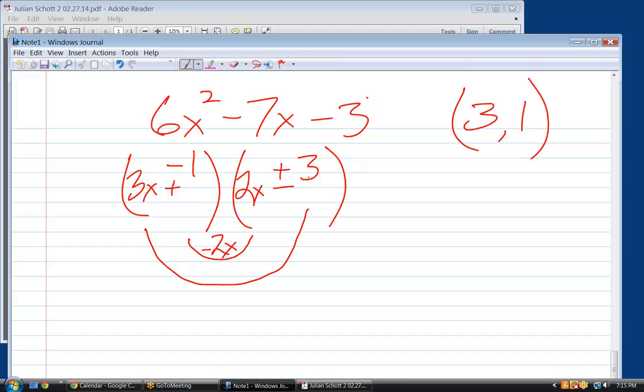What's 3x times plus 3? 9x. 3 times 3 is 9. So that's 9x. Add those together and you get plus 7x. Okay. So we're still not right, but we got the right number, and that tells us enormous things.